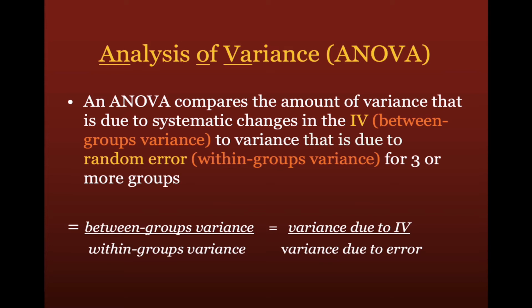It gets attributed to random error. That could be any type of error, such as measurement error, participants not paying attention, or individual differences in people's abilities. All that is considered random error. So what you have is the variability that's due to differences between the groups, which is your between group variance, and then the variability that's due to random error, which is our within group variance.